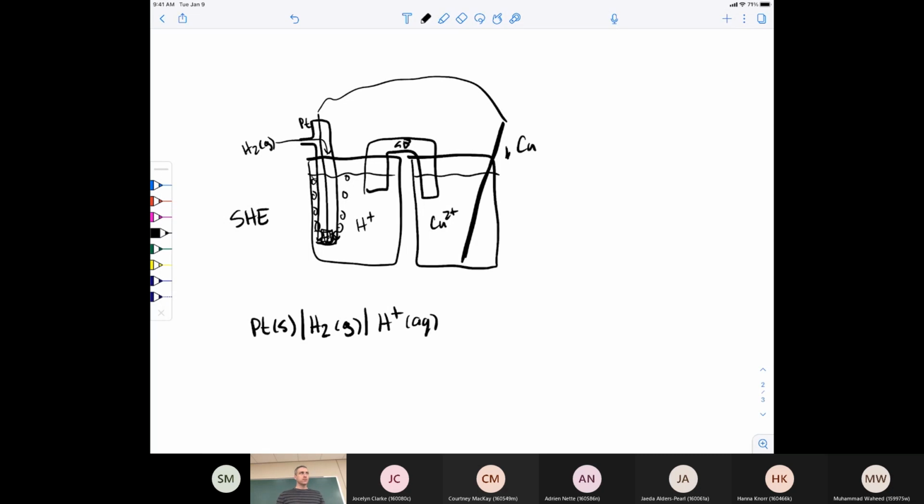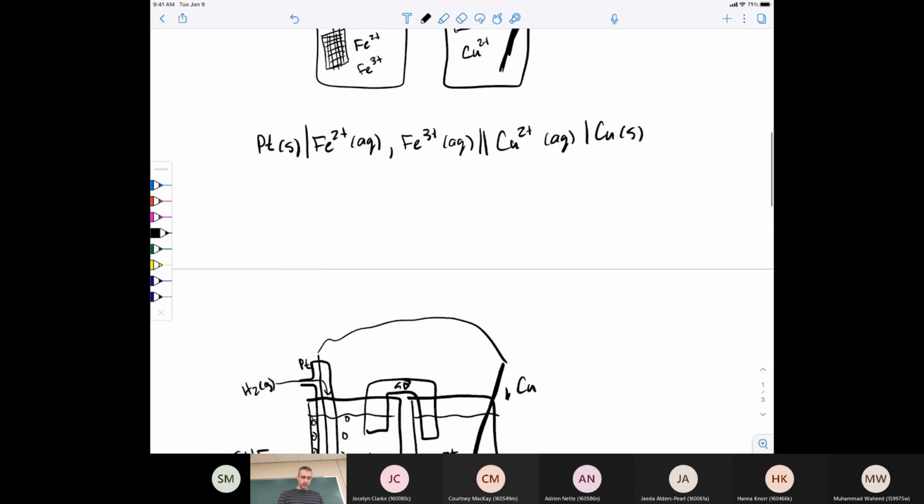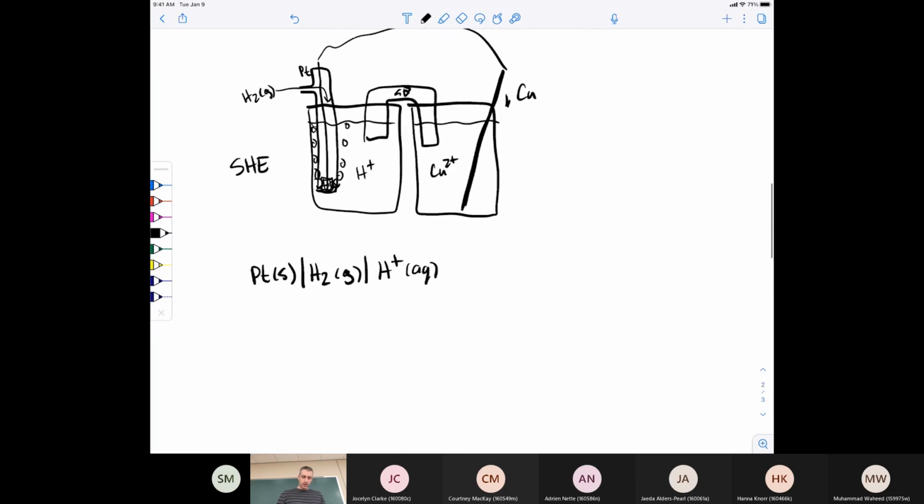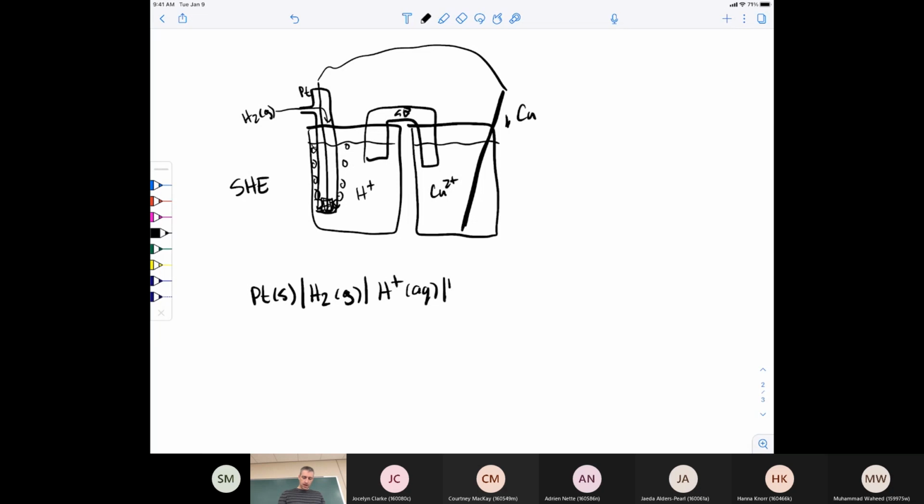We use vertical lines because they're different phases, whereas up here, remember, we just used a comma because they're in the same phase. Then we use a double vertical line for the salt bridge, and the right side is the same as always. And that is our abbreviated cell notation.